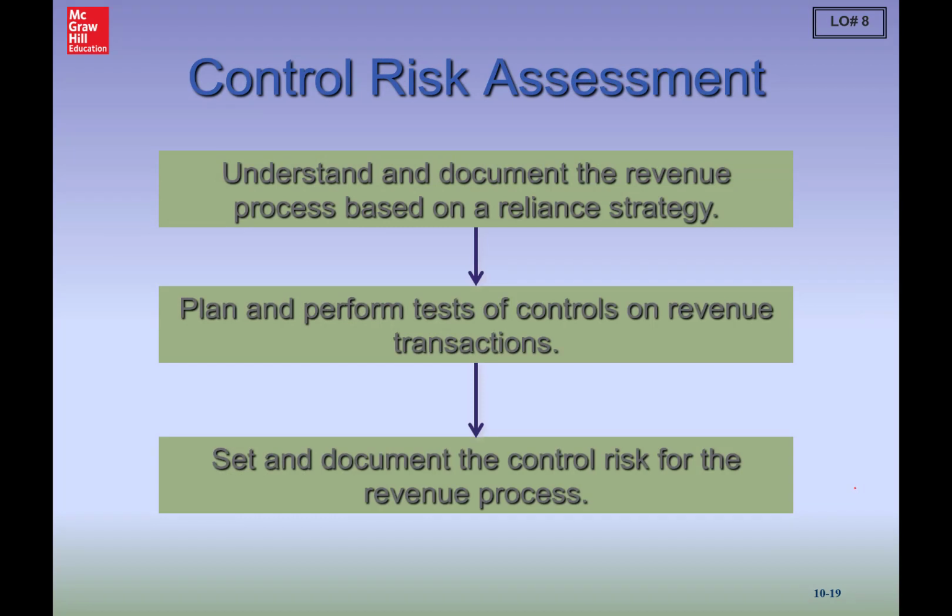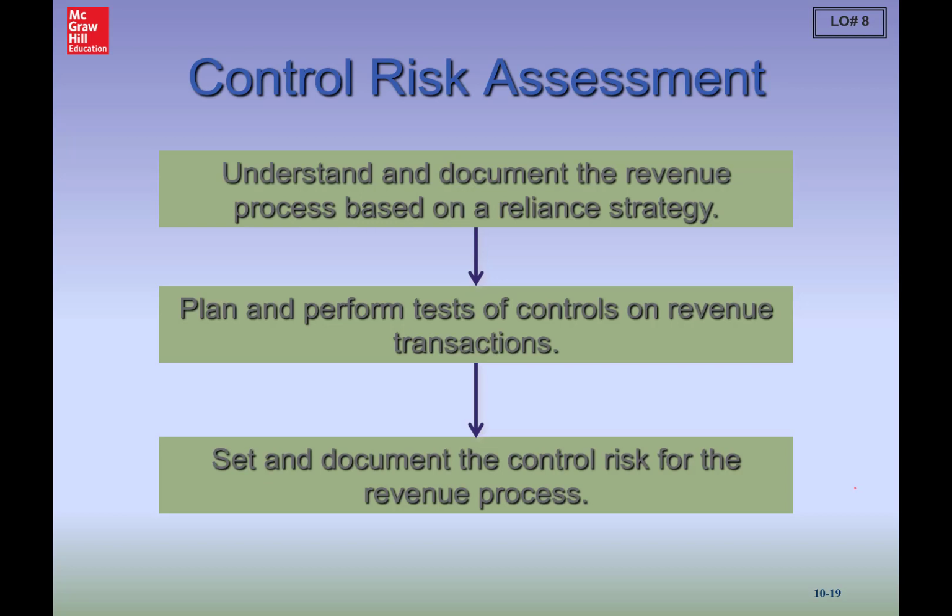Okay, good. Now you have to do your control risk assessment. Remember, on every audit we have to obtain an understanding of the internal controls sufficient to evaluate the design and the implementation.